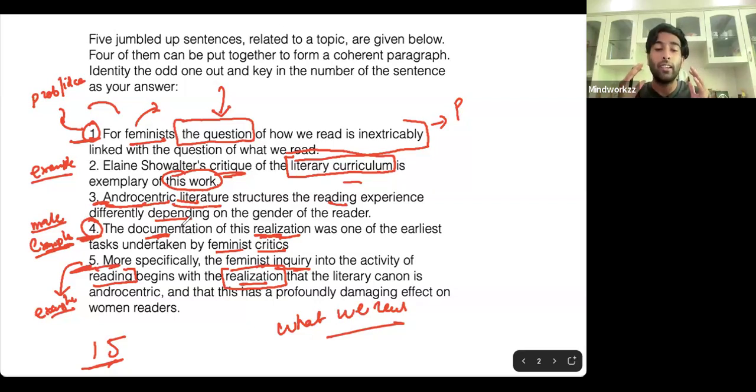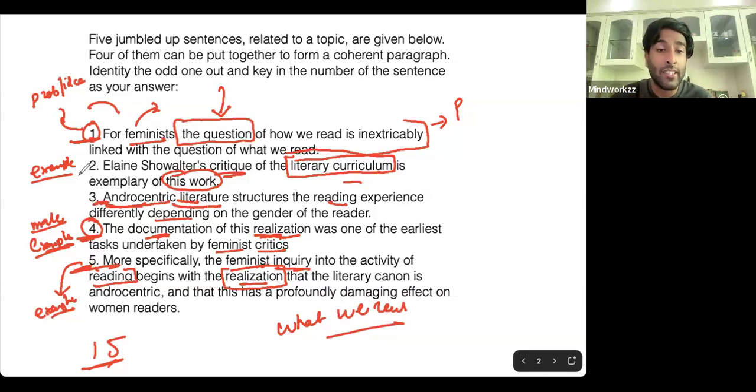And finally, feminists realized this, and when they documented it, when they put it in research papers or voiced it in public, that was the earliest task undertaken by feminist critics.